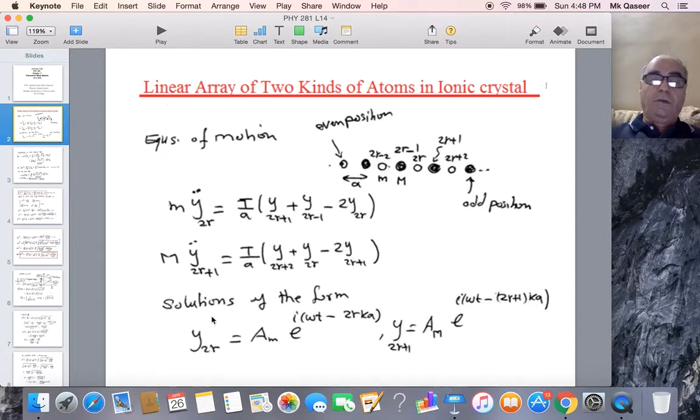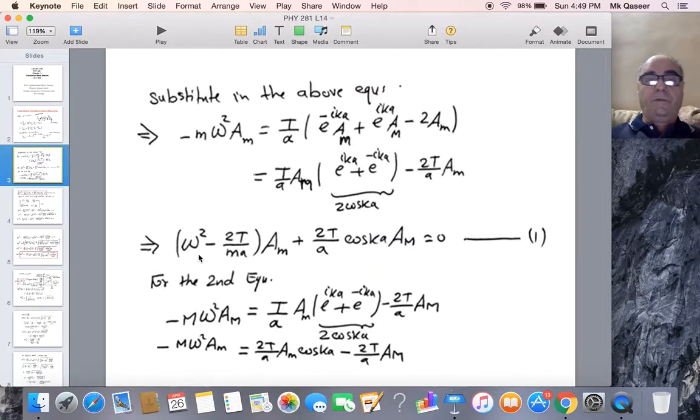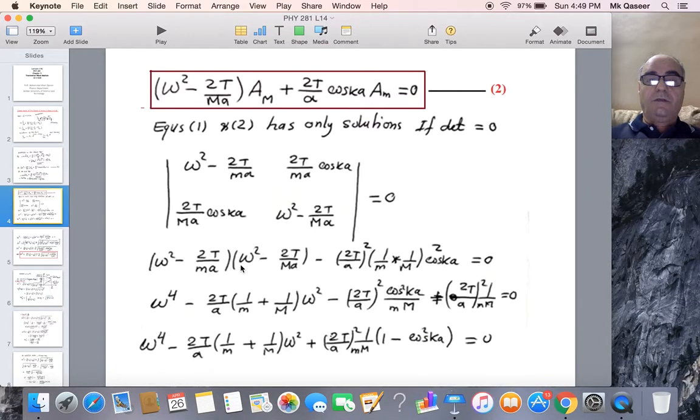Then we find the first derivative and second derivative and substitute. Similarly for y double prime sub 2r plus 1. Doing so, for the first one we get this equation, which I label as equation number 1. Now also substituting in the second equation and simplifying the algebra, we get this second equation.